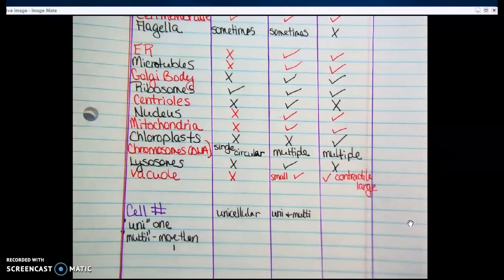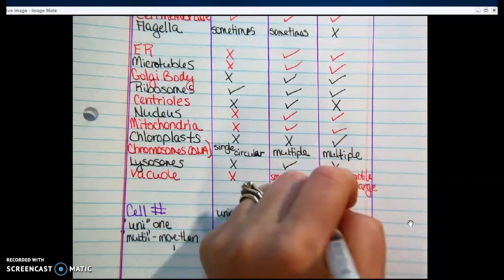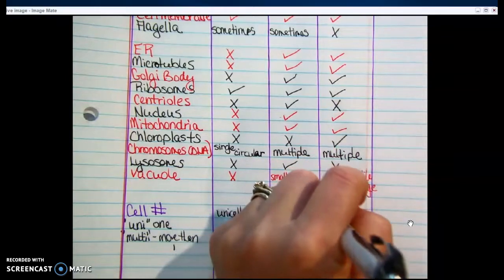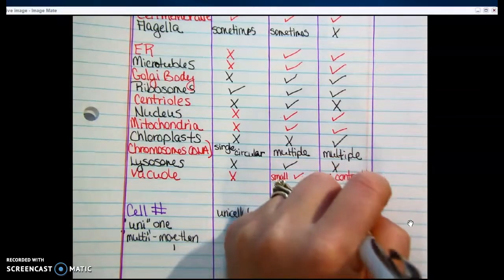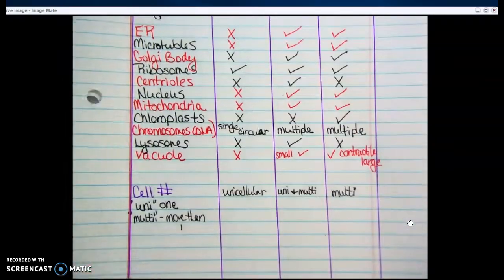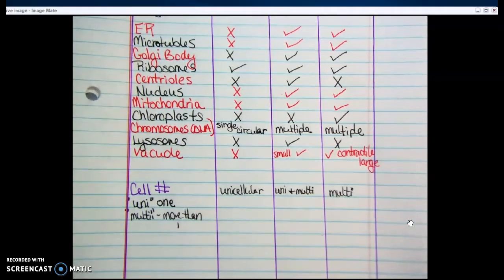It's not. We have both in the animal kingdom. All right, so we also have multi only in plants. All right, so that you know the difference between the cell numbers in each of these families. And we'll go over this more in the next couple of days. But I wanted you to have the basic differences on your chart.